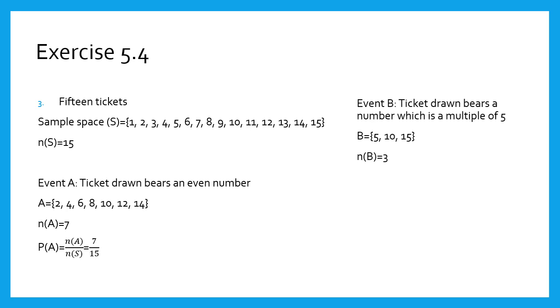Write the formula to find the probability of event B. P(B) = n(B) / n(S). Substitute the values. We get P(B) = 3/15. Reduce it to lowest form. We get P(B) = 1/5. Children, solve fourth sum on your own.